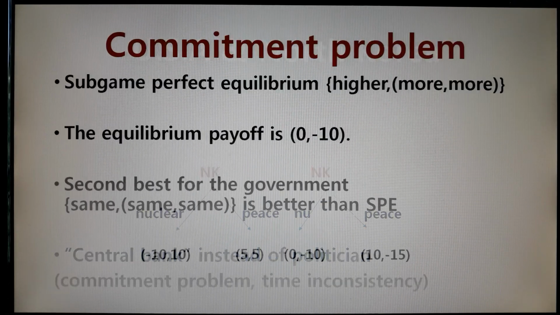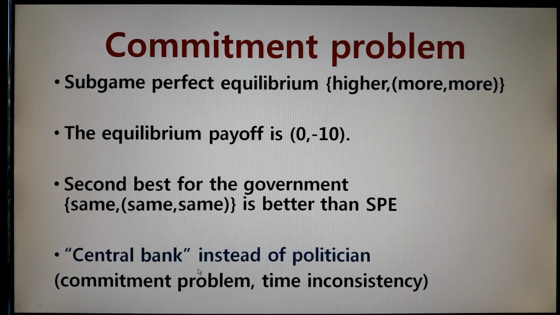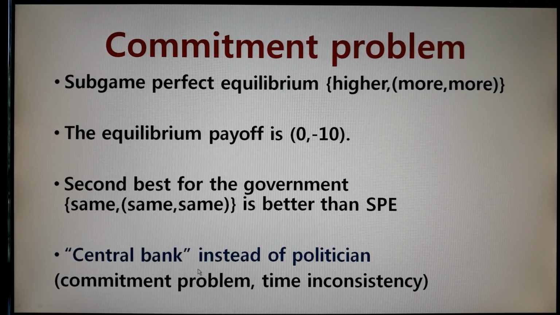That's why in many countries they have a central bank. In most countries, America, Japan, and Korea, it is not the president or prime minister who chooses how much money would be printed out. It is the central banker who was appointed by the president or the prime minister, but would be independent.